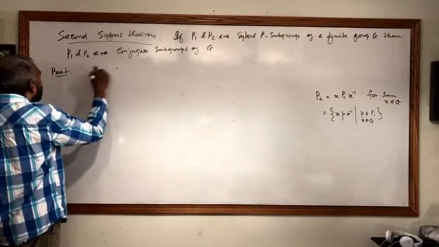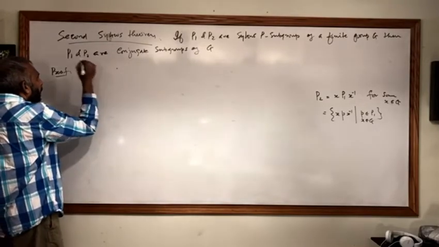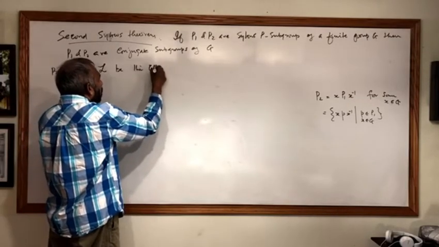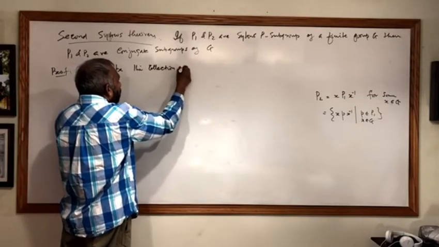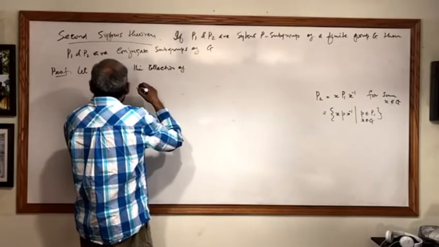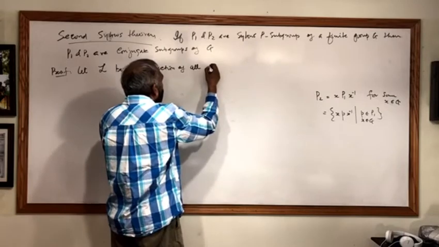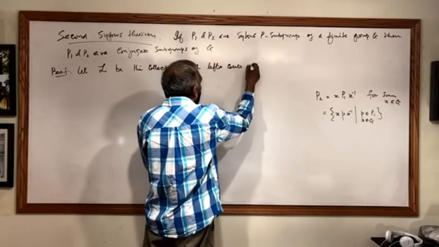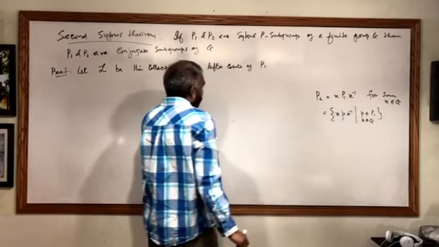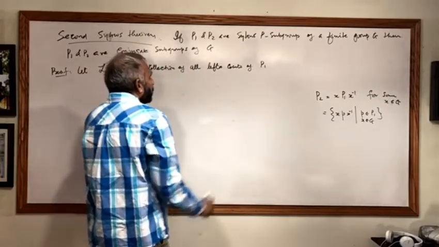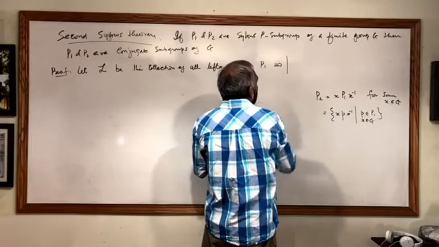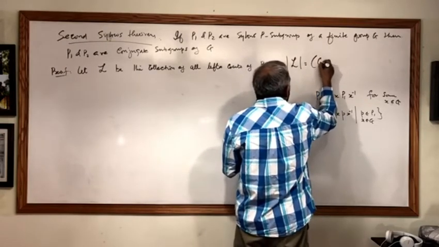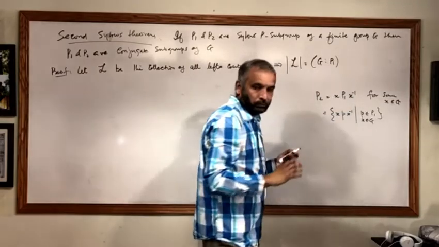So here, let L be the collection of all left cosets of P1. So that means the number of elements in L is equal to the order of G divided by the order of P1.